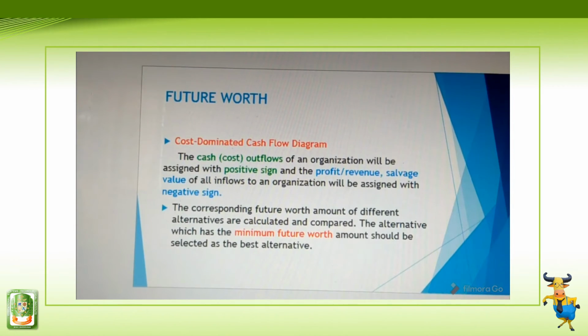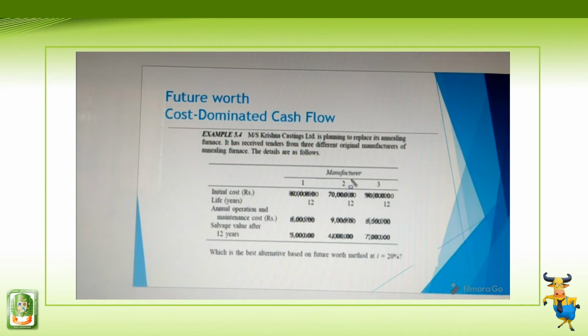So, what we will choose here is the one with the minimum future worth. So, for example, MS Christmas Costing Limited is planning to replace its annealing furnace. It has received tenders from 3 different original manufacturers.